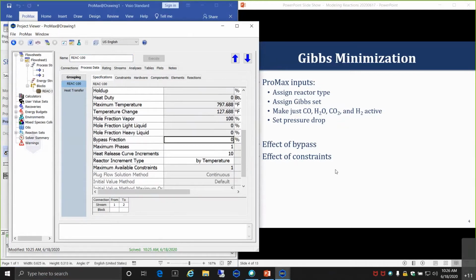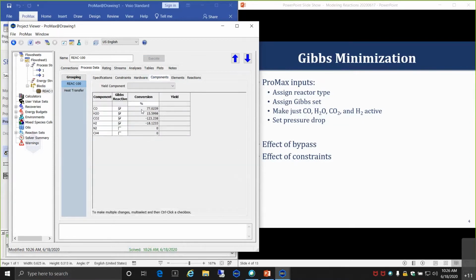So the bypass fraction is nothing more than saying how much of the feed does not react. So 5% of the feed is simply going to pass through the system unreacted. And so if we execute this now, you will see that we don't have 81% conversion anymore. We're down to 77%.